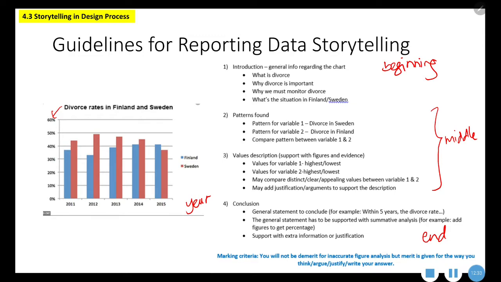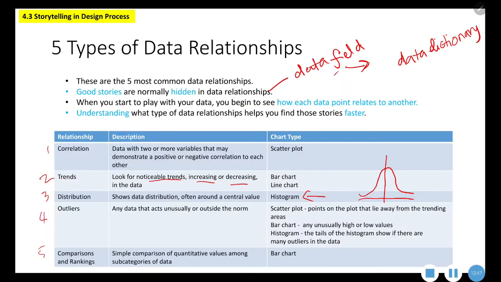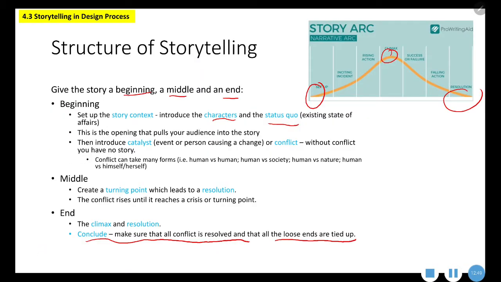It is about the general information regarding the chart, how you set the story context. Refer back to the slides on the structure of storytelling. In the beginning you set up the story context, the characters, and the conflict; in the middle is the turning point and the resolution; and the end is the conclusion.